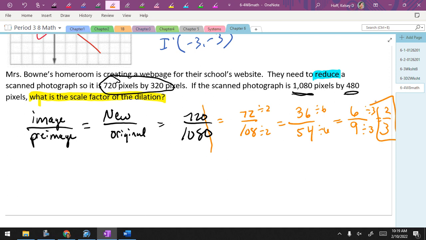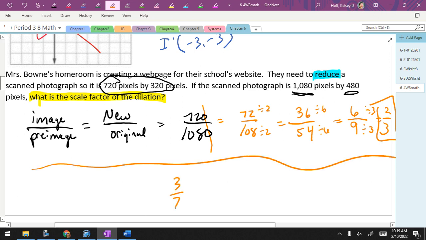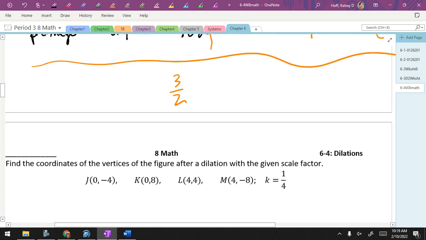It's false. Because what if my scale factor was 3/2? That's a fraction. Why is that not a reduction? Because it's over 1, AKA an improper fraction. If you have an improper fraction, it's still going to be an enlargement.